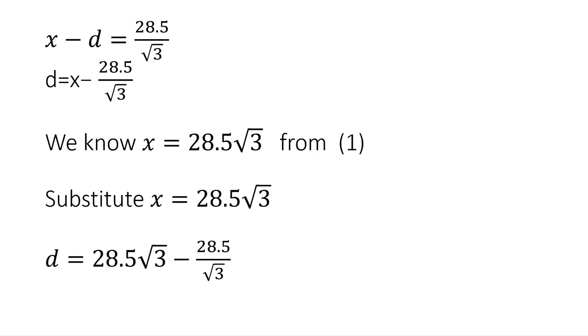So we need to find d, the distance that the boy had walked. So d is equal to x minus 28.5 by root 3. The x value we know from equation 1: x is equal to 28.5 into root 3, which we found using the first angle of elevation.